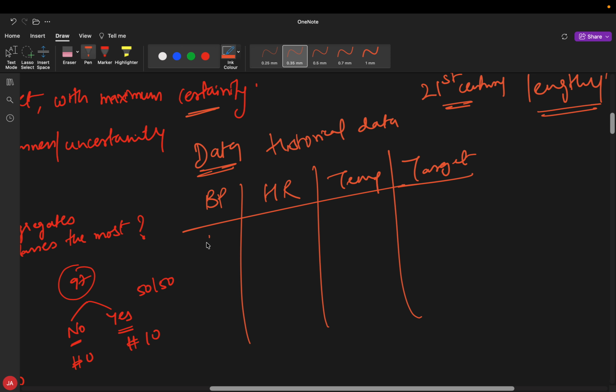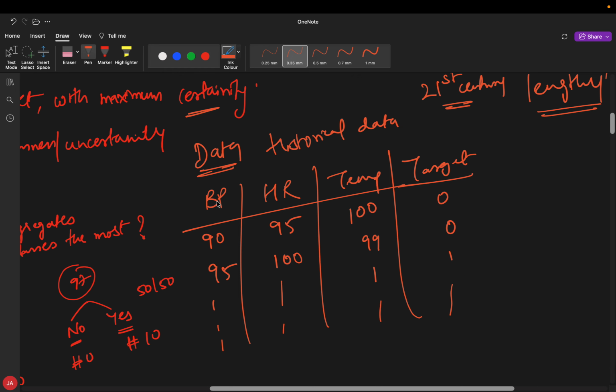Let's say BP is somewhere around 90, heart rate is 95, and temperature is around 100. The patient is normal, which is 0. Again, BP is 95, heart rate is 100, temperature is 99, the patient is normal. And we have more data also here, here and here.